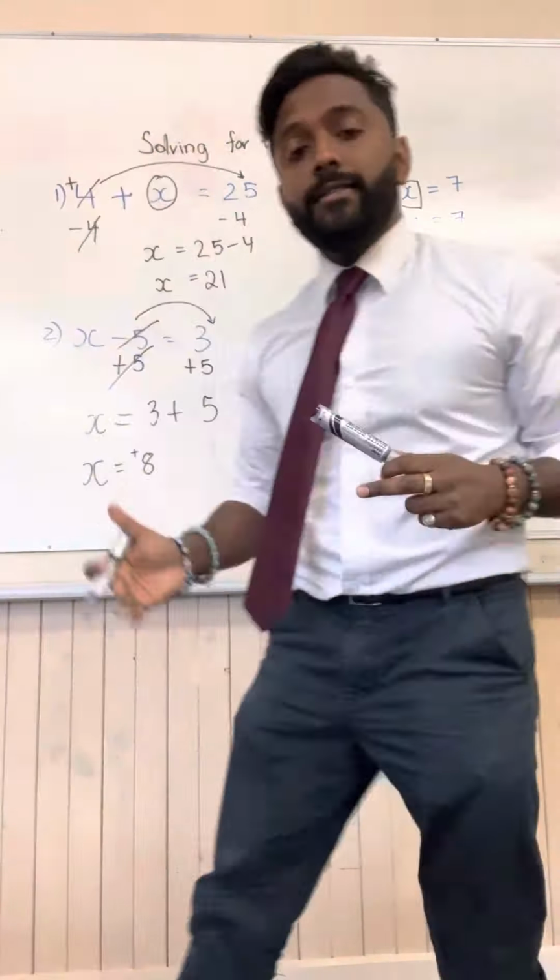Now, when we move things from the left-hand side to the right-hand side, or vice versa, you have to do the opposite. So what's the opposite of 2 times? The opposite of times is going to be divide. So you're going to divide this side by 2, this side by 2. 2 divided by 2 cancels out, becomes 1.